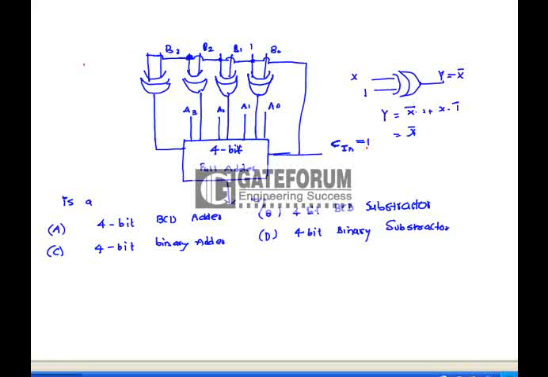Then we are adding carry 1, that is A3, A2, A1, A0 with the ones complement B data bits, and then we are adding 1, means it is kind of a 2's complement of the B data, and then we are adding it to the A data, means the output is nothing but A minus B. So it is a 4-bit binary subtractor, that is option D is correct.